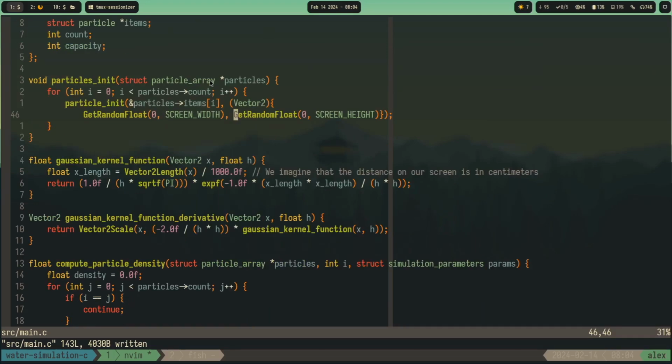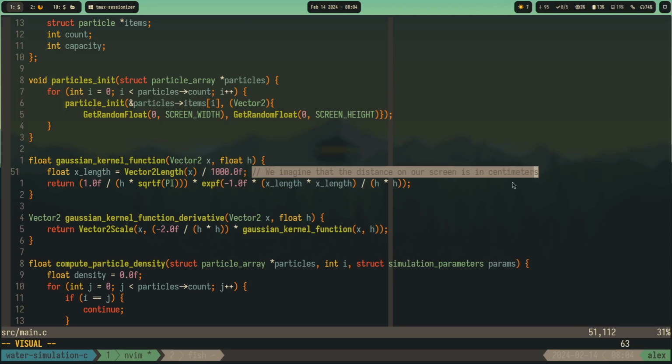Okay, so for the Gaussian kernel, now we do the computation of the modulo here, and we divide by 1000 in only one place, right? Because we imagine that our screen is in centimeters when we have to convert it to meters, right? So we divide by 1000, or I think it should be by 100. Anyway, it's in millimeters. Let's not talk about it.